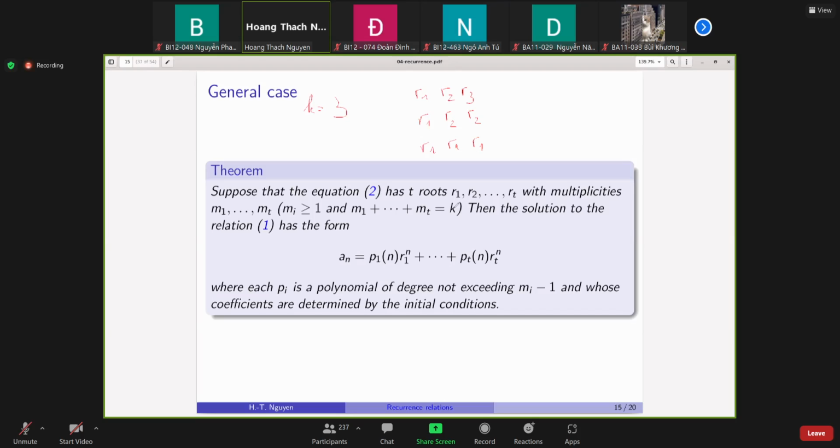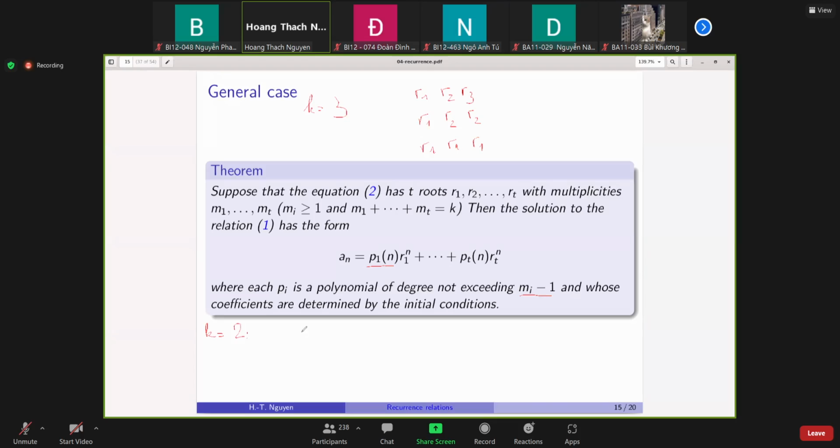Okay, then the solution has this form here. Each p1 to pt of n is a polynomial, and the degree of this polynomial is at most mi minus 1, where mi is the multiplicity. So you can apply this to the case of k equal to 2.